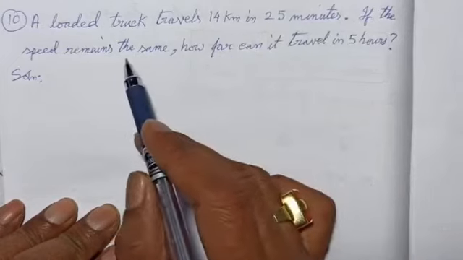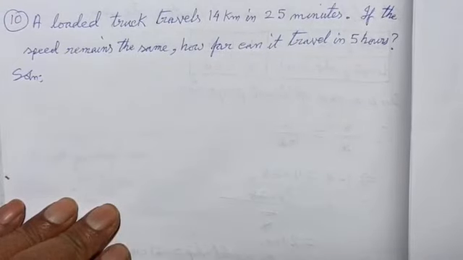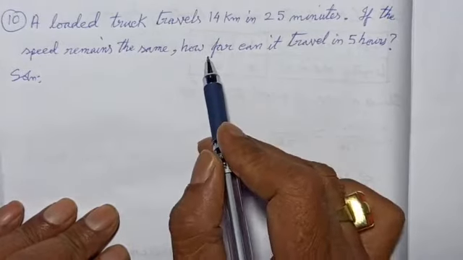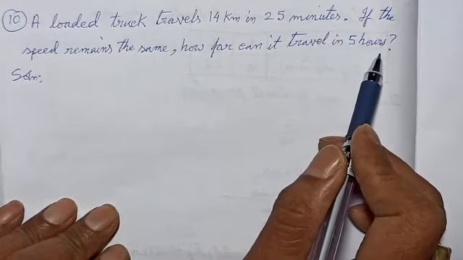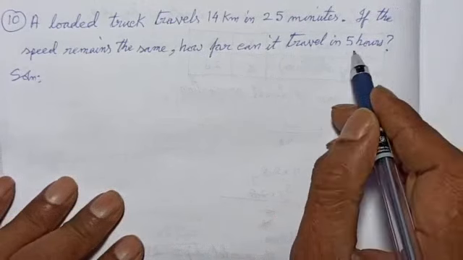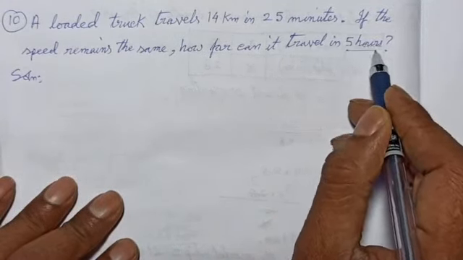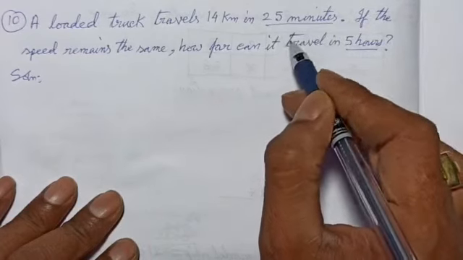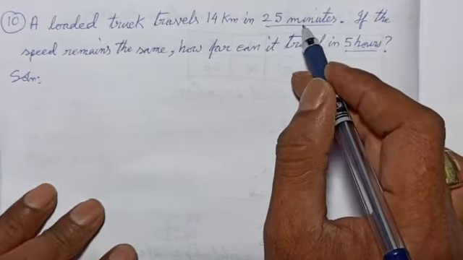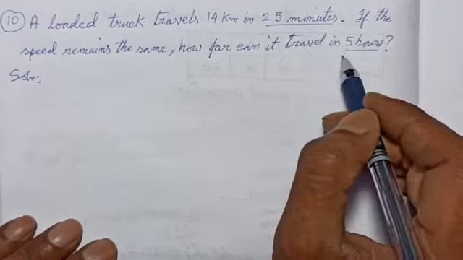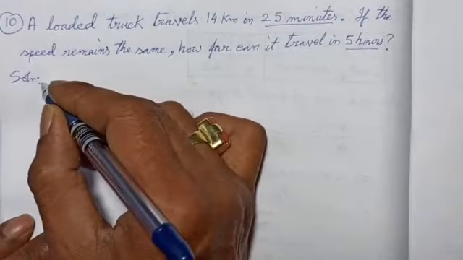If the speed remains the same, that means if the truck is going at the same speed, how far can it travel in 5 hours. This is what we have to find out. Here the time is in hours and here the time is in minutes. So first we have to convert this minute into hours.